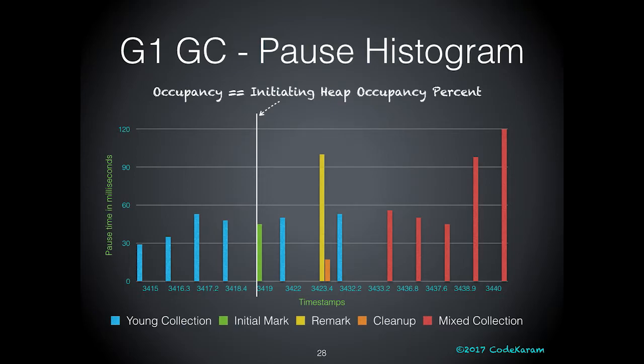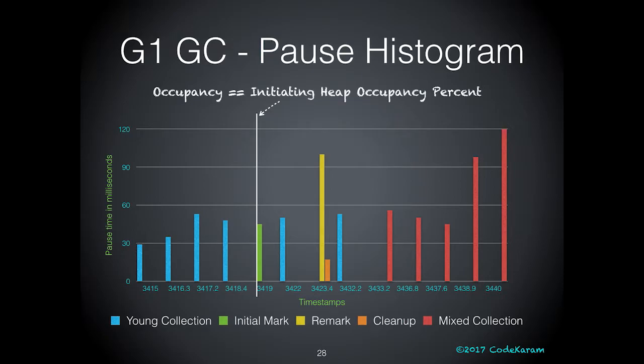G1 GC starts with a bunch of young collections, and as the heap occupancy increases, we start the marking cycle. At that white line, you see that the occupancy is equal to the initiating heap occupancy percent, which is also known as your marking threshold or marking initiation. I also call it IHOP.